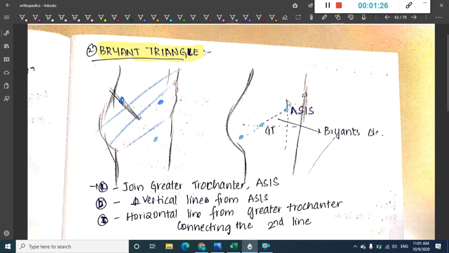Then from the anterior superior iliac spine, you draw a vertical line downwards. Similarly, from the greater trochanter, you draw a horizontal line, almost perpendicular, connecting to the vertical line. When you do this, you get a triangle, which is called Bryant's triangle.